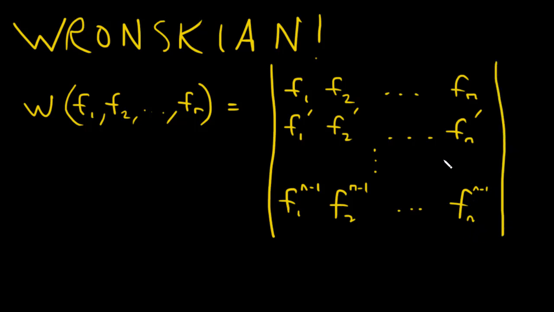Alrighty, so we're going to find the determinant of this matrix, which is composed of the original functions, and then each row is a subsequent derivative all the way to n minus 1.